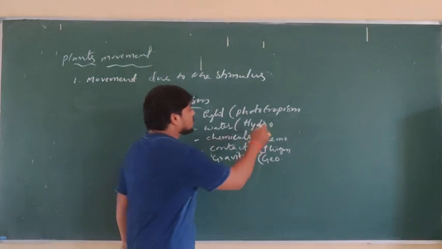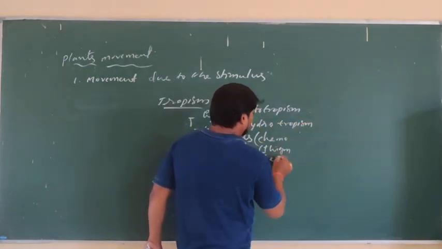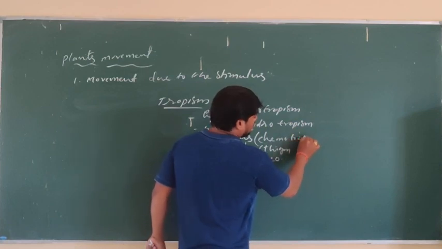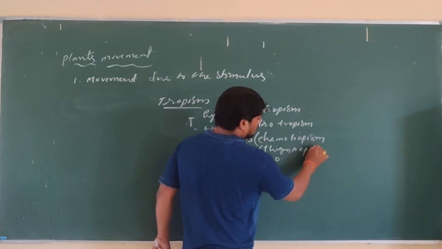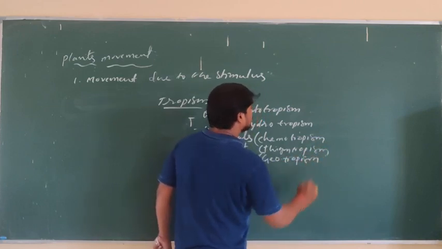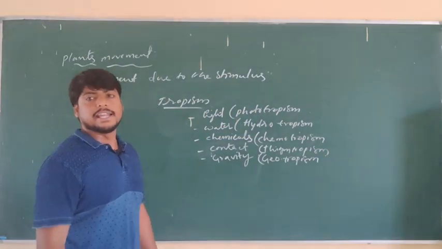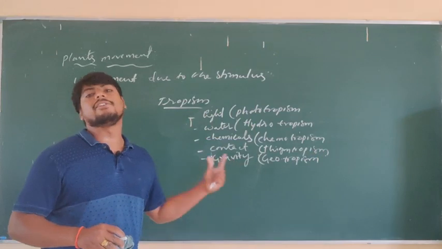Phototropism. And hydrotropism. And chemotropism. Thigmotropism. And geotropism. So these are the various factors that cause the movement of the plants towards themselves or away from themselves.